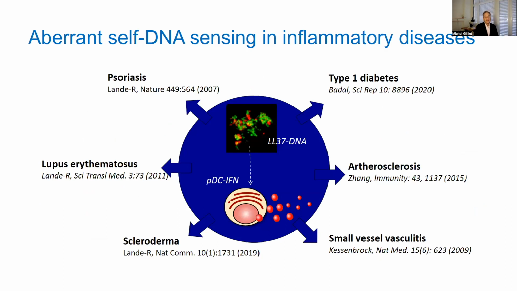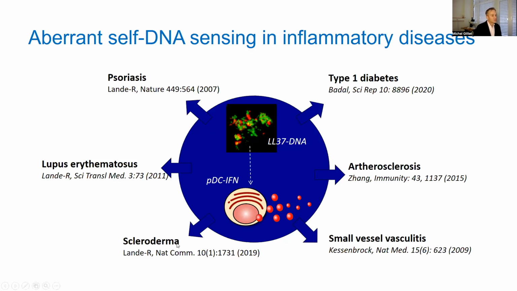So these were two cases, but I think there's now more and more evidence that these LL-37 DNA or AMP DNA complexes and PDC interferon activation drive a lot of other inflammatory diseases. We have shown psoriasis, lupus.